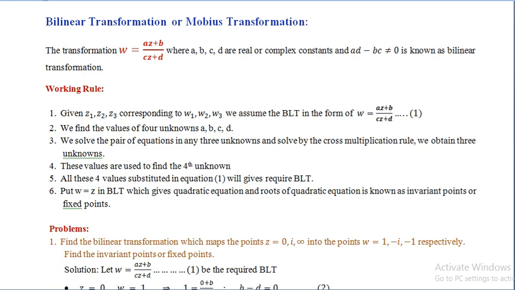Then second point, we find the values of the four unknowns A, B, C and D. When you substitute Z1, W1, Z2, W2, Z3 and W3, you get three equations, and after simplifying and solving these three equations, you get the unknown values A, B, C and D. Then third point, we solve a pair of equations in any three unknowns by the cross multiplication rule.